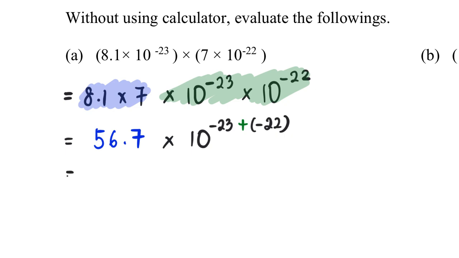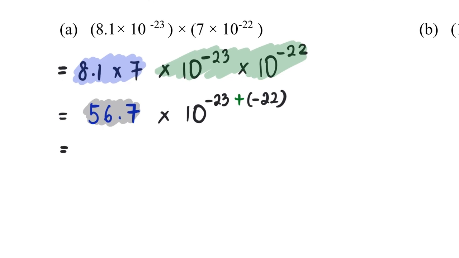So the next line will then see me writing this as 56.7 times 10 to the power of negative 45.